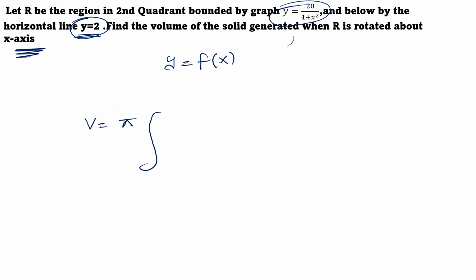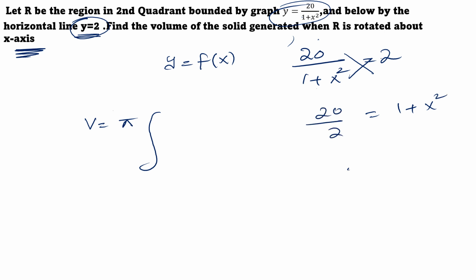pi. Okay, now first of all, find out the point of intersection. So for the point of intersection, we make the first equation equal to the second equation. Cross multiply, 1 plus x squared goes on the top and this 2 comes down, which will give me 10 equals 1 plus x squared.